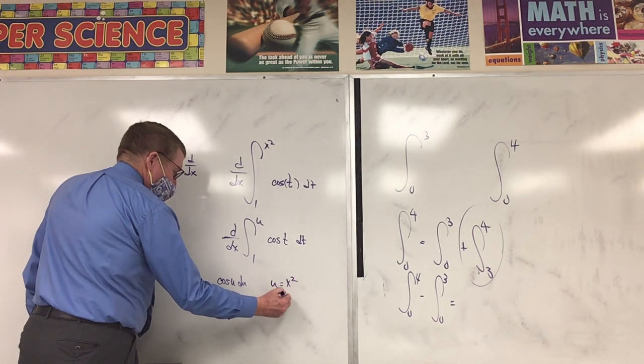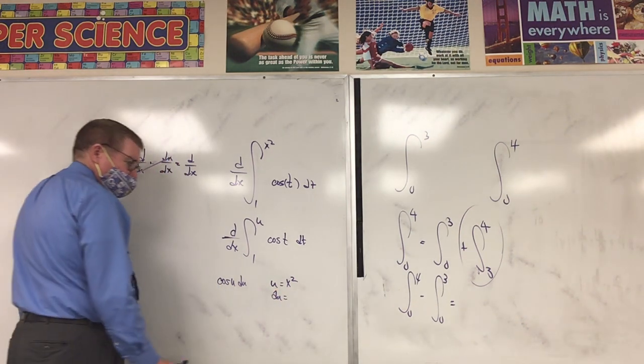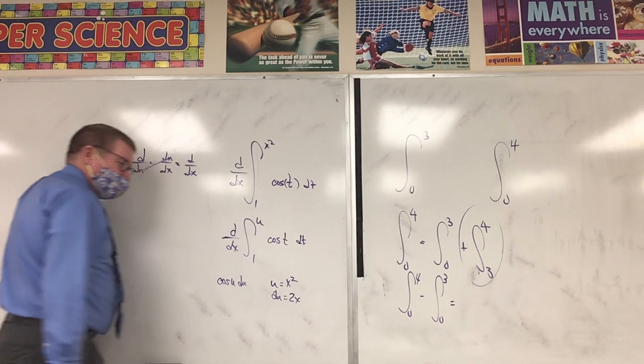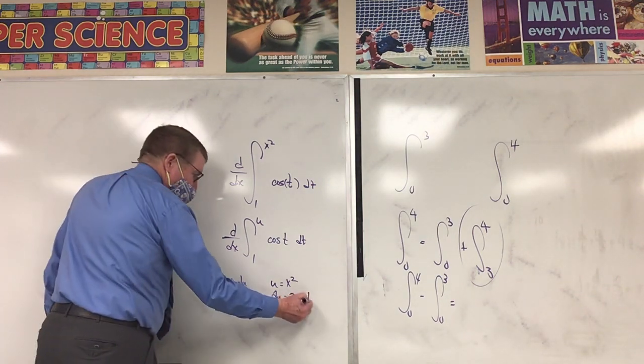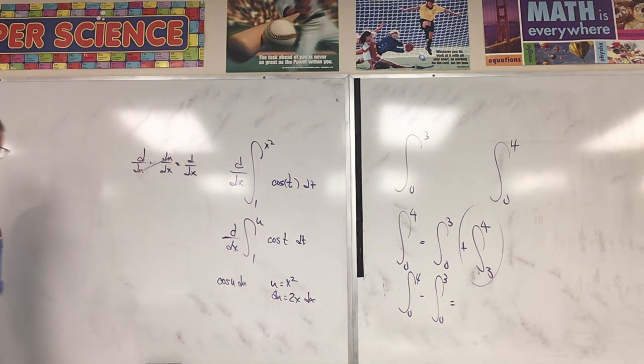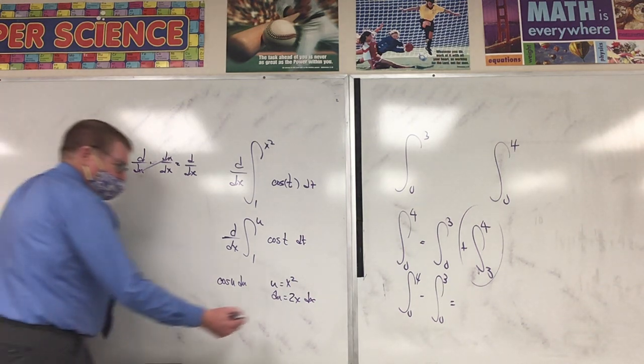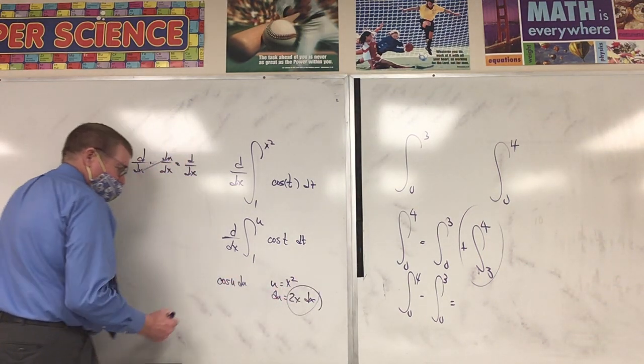And then what is du? It's 2x dx. Correct? But then I just take this and substitute back in here.